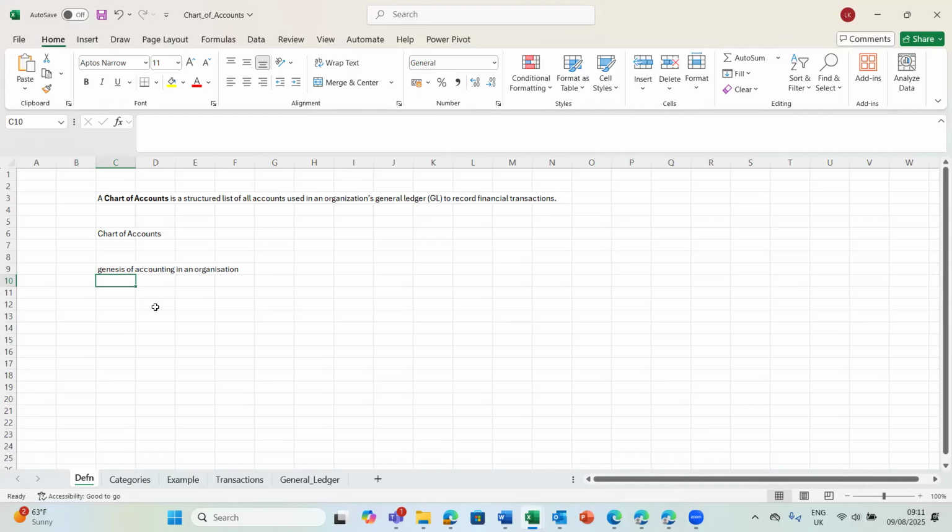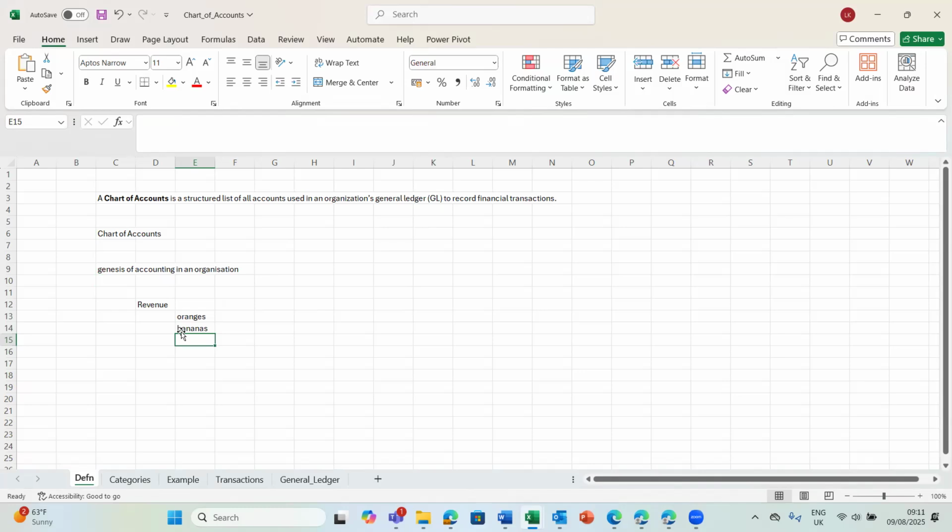It's like we are categorizing all transactions you have in the organization. For instance, if you have revenue, let's say you sell oranges, so you have a code for oranges, and also let's say you sell bananas. Okay, so it's a farm.